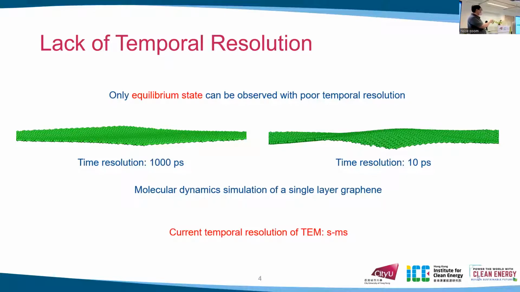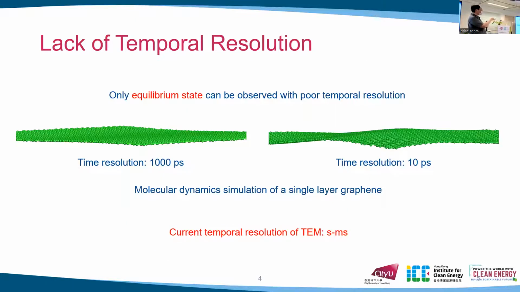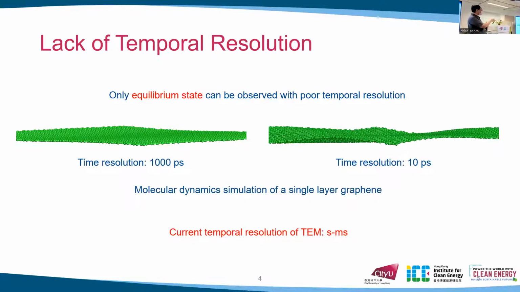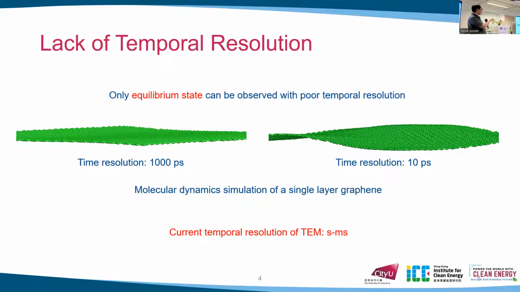But if we increase the time resolution by 100 times, then you can see the wave-like vibration of graphene. So with averaging over a long time, the fluctuation will be smoothed out.